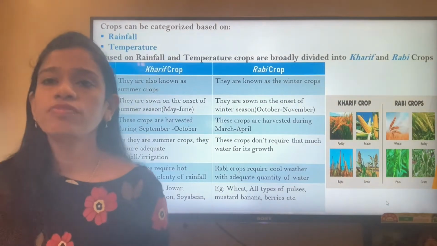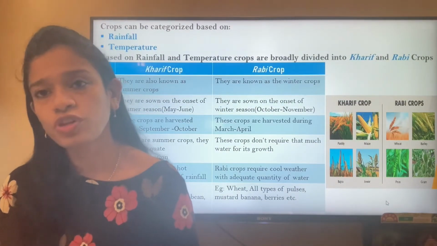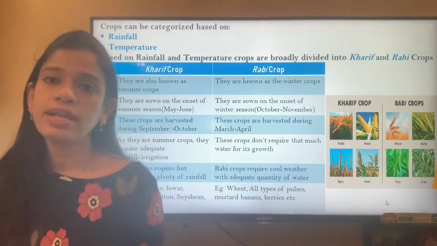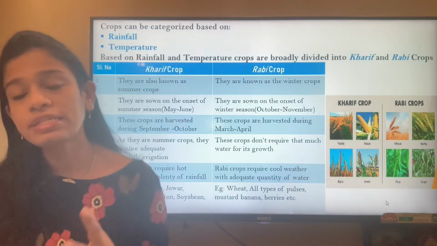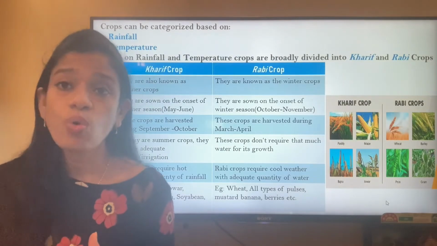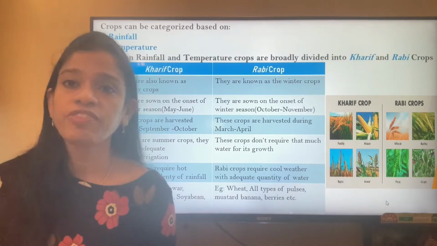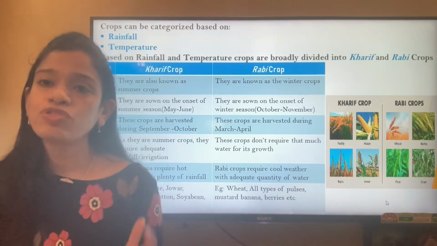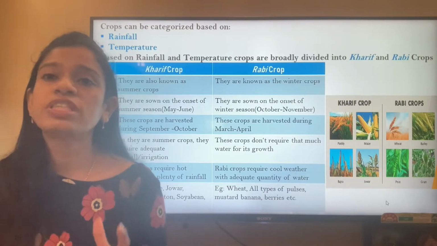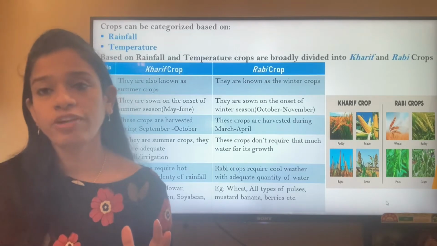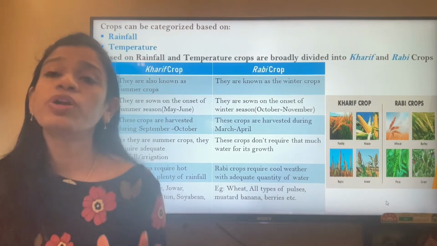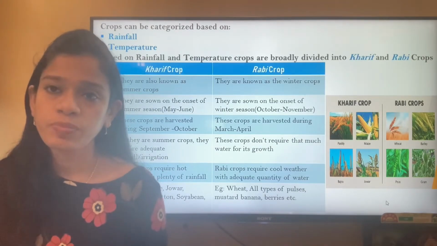Before we talk about increasing the production of crops, we need to understand what type of crop it is, how it grows, when it grows, and what is favorable for it. That all has to be kept in mind, because crops also require certain conditions, temperatures, and amounts of rainfall for their proper growth and yield.